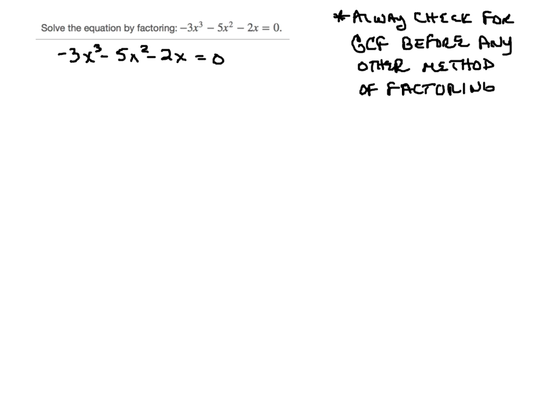In this case, I want to draw that negative off because I don't want my leading term being negative. And each of these terms also has an x in it. So I can go ahead and pull this negative x out, and then I'm left with positive 3x squared plus 5x plus 2.